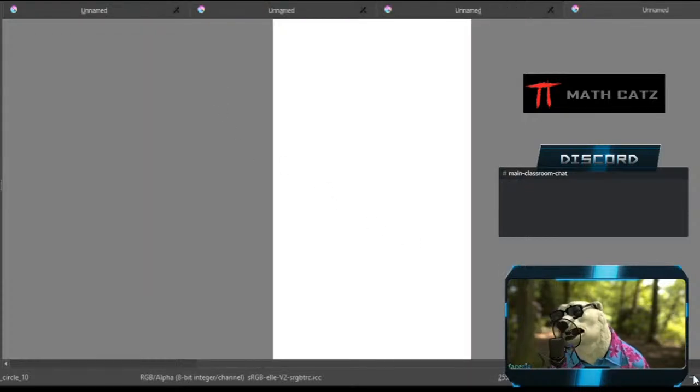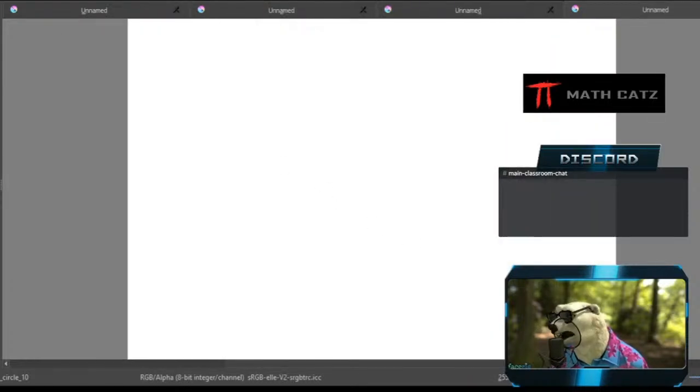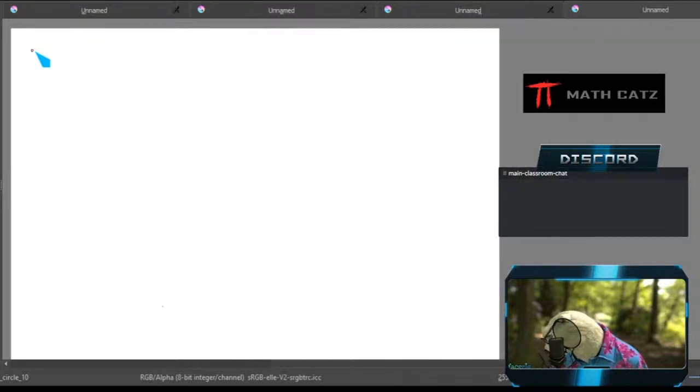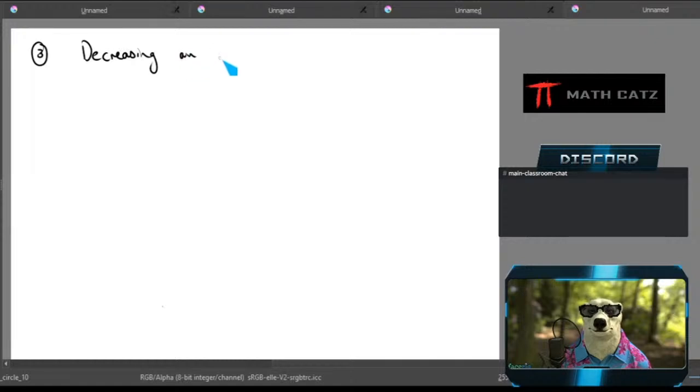Last one is very similar to the second one. But sadly, what goes up probably comes down. So I have a decrease. Decreasing an amount, of course, it doesn't have to be money, but that is usually what happens. Decreasing an amount by a percentage.